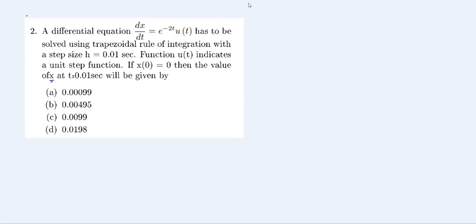So he's not asking for actual trapezoidal integration. He is asking what the value of this function would be if we integrate using trapezoidal. So it is basically solving a differential equation.